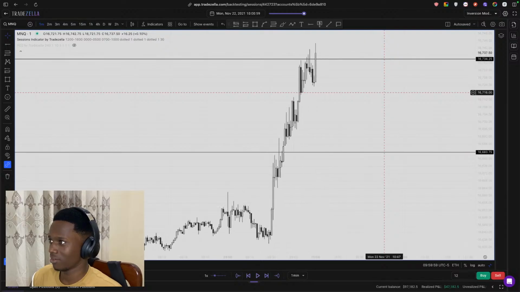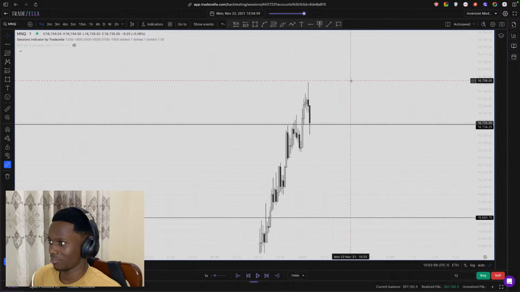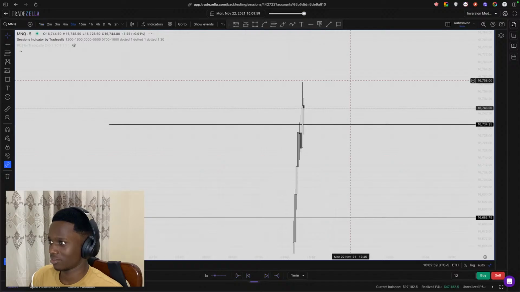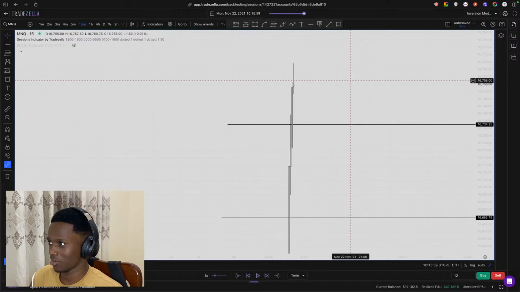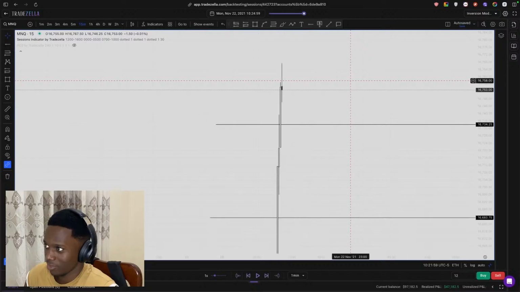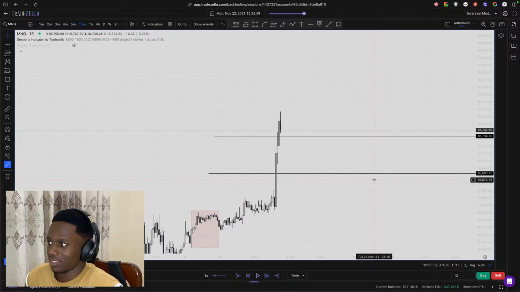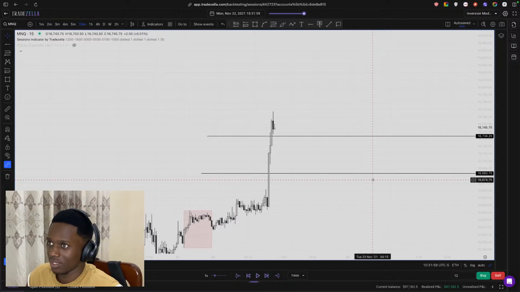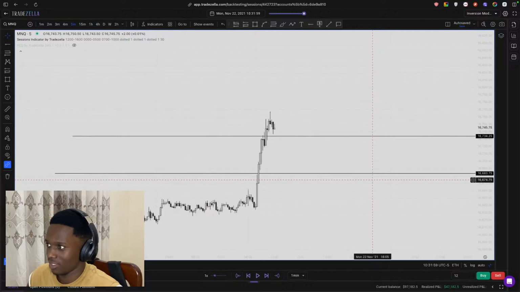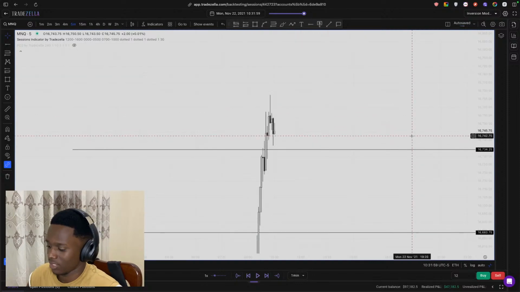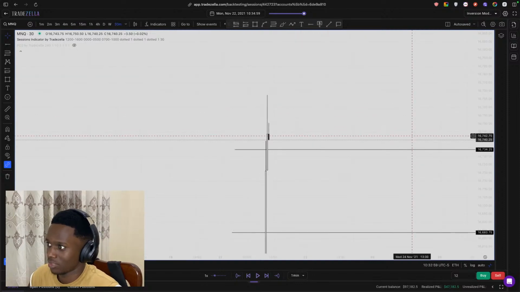This was the second, this was the third. I think it's going to head to the fifth as well, but as of now I haven't found any entry yet because there was no retracement for me to enter longs at. Right at open it did nothing other than fly, so I had no other option than to just sit and wait.